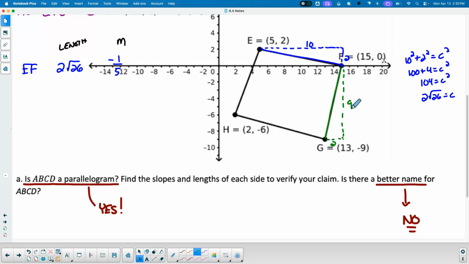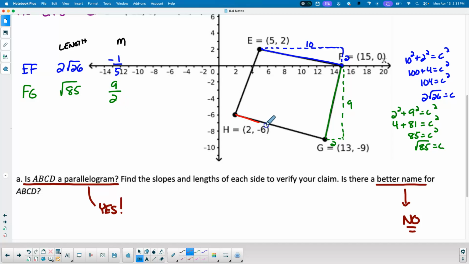So that would be square root of 85, this is FG. And that would be a slope of 9/2. Agree with me on that? Yeah. Okay.